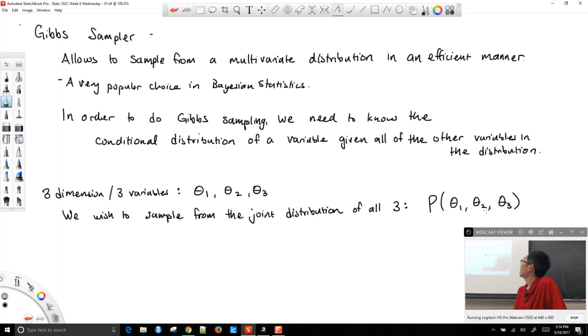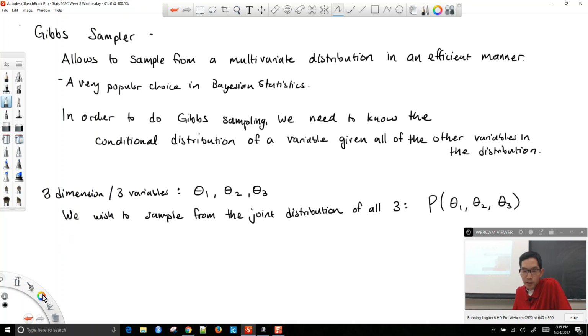Okay, and maybe we know this, maybe we don't. Okay, and especially if, you know, in the Bayesian context, it might be we want to sample from the posterior given the data.